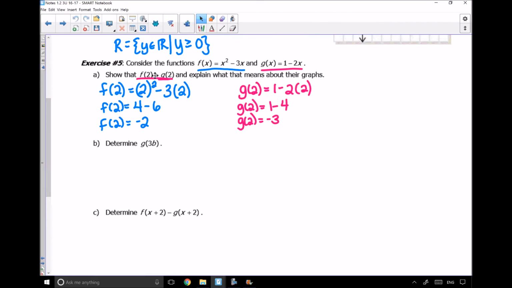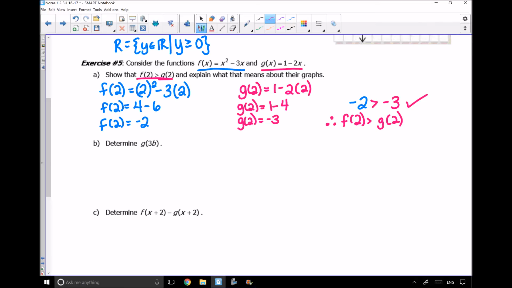So is f of 2 greater than g of 2? We know that f of 2 is -2, and g of 2 is -3, so -2 is greater than -3, and it works. So it is true that f of 2 is greater than g of 2.